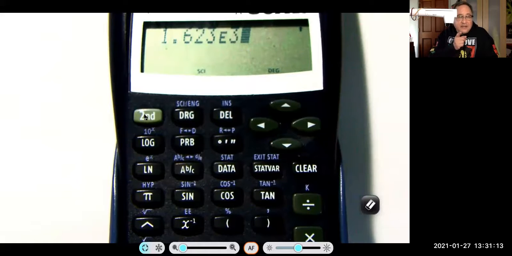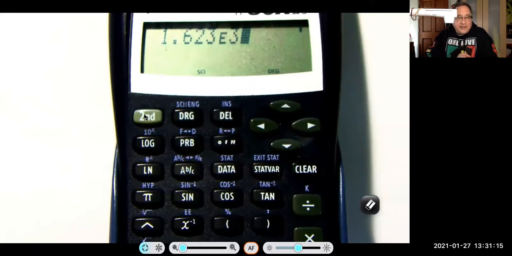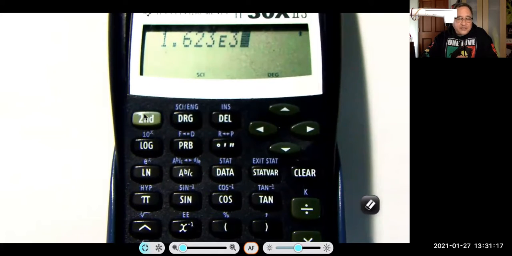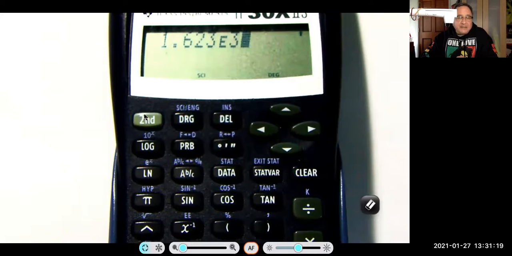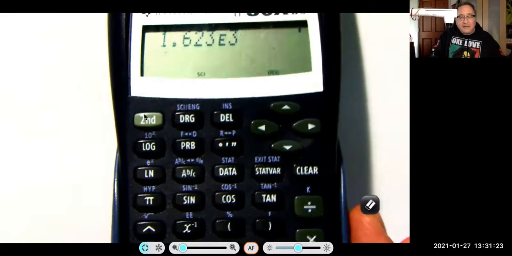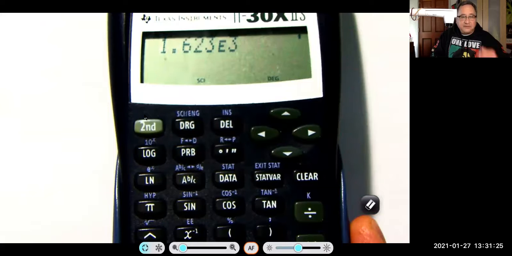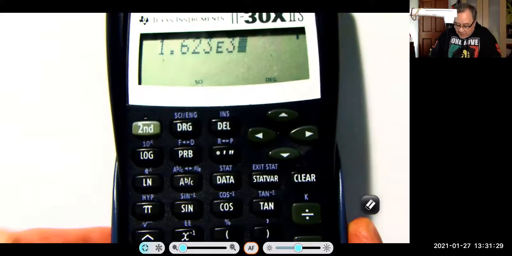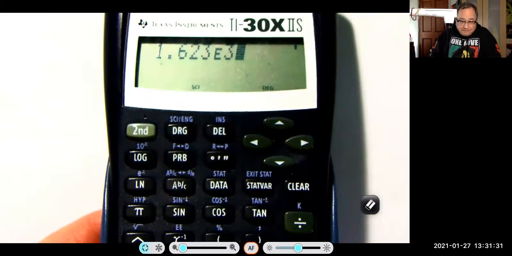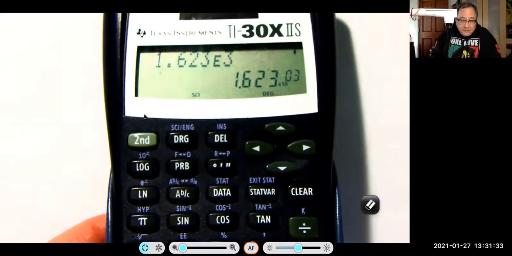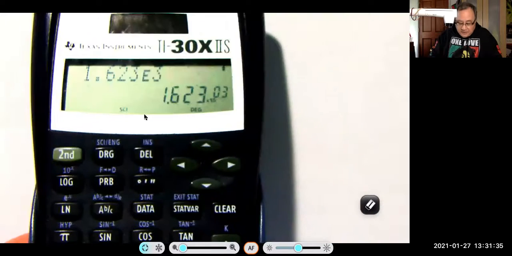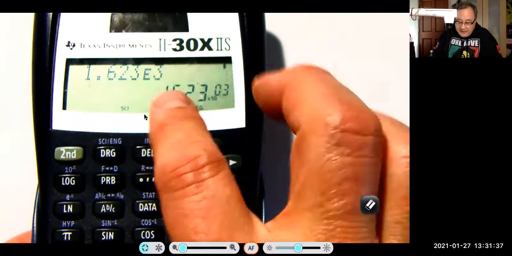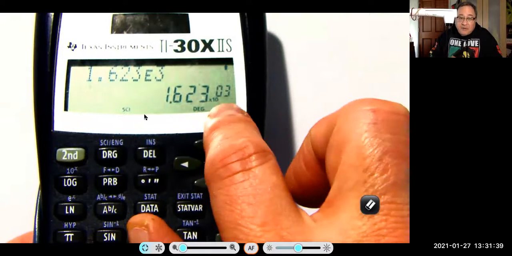Now the way this calculator thinks about this number is it thinks 1.623 times 10 to the 3. So the letter E means times 10 to the. So 3 is the power that you're raising 10 to. Now watch what happens when I push equal. Do you see how it says 1.623 times 10 to the third power?